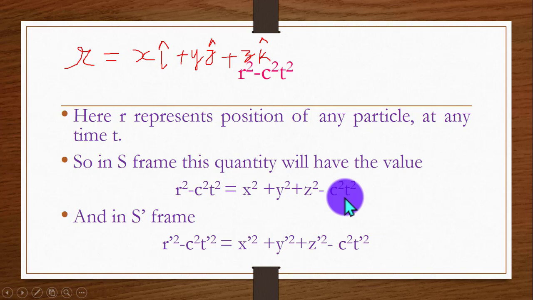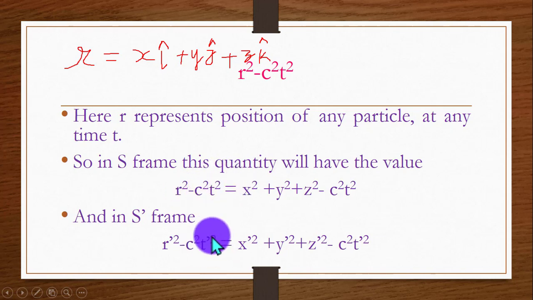The same quantity in the S prime frame of reference, which is the moving frame of reference, moving with respect to the S frame with a velocity v in the positive x direction. So here this quantity r will become r prime in the S prime frame and t will become t prime.